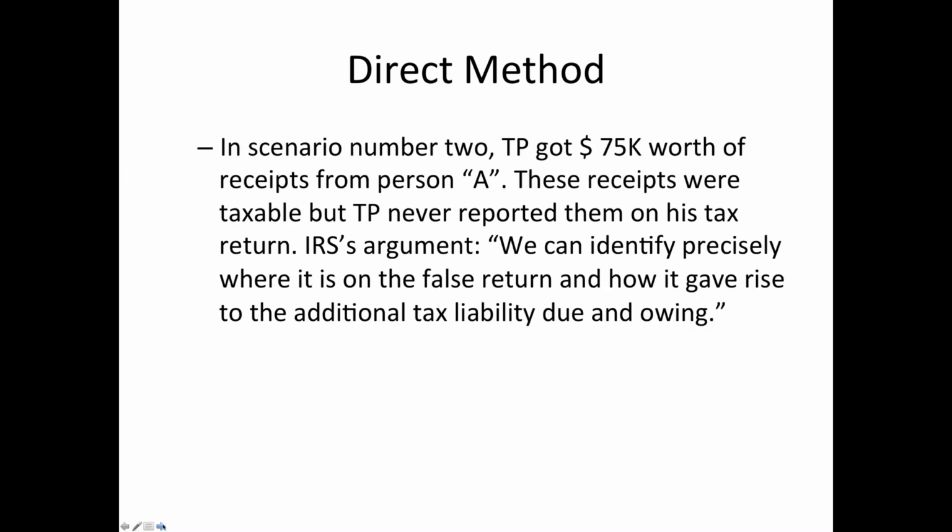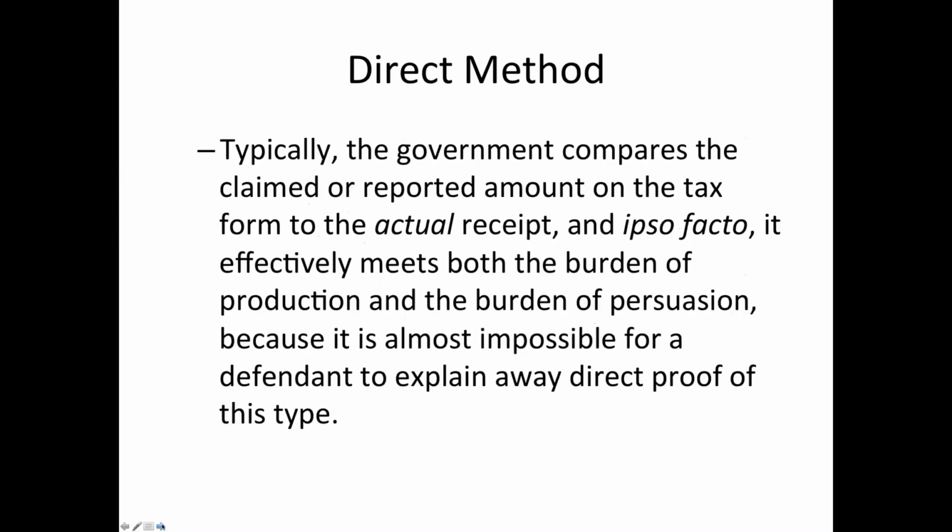In scenario number two, we have a taxpayer who got $75,000 worth of receipts from person A. These receipts were taxable, but the taxpayer never reported them on his tax return. The IRS's argument is very straightforward. We can identify precisely where it is on the false return and how it gave rise to the additional tax liability due and owing.